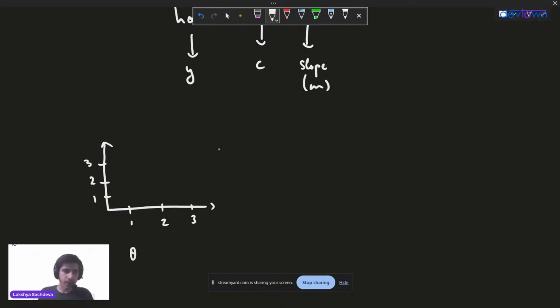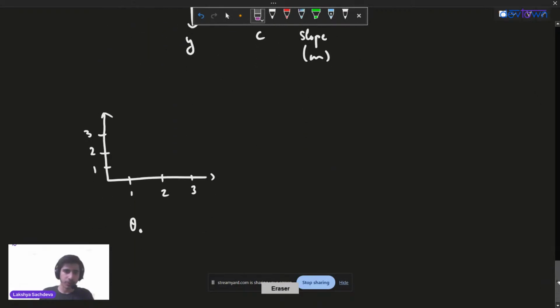Suppose I am taking theta 0, or instead of theta 0, I am taking it as c. Suppose c is equal to 1.5 and m is equal to 0. So my slope is 0 and my intercept is 1.5. So I will have a line like this. In this line the c over here is 1.5 and the slope is 0.